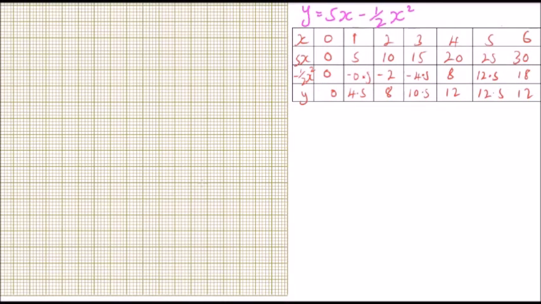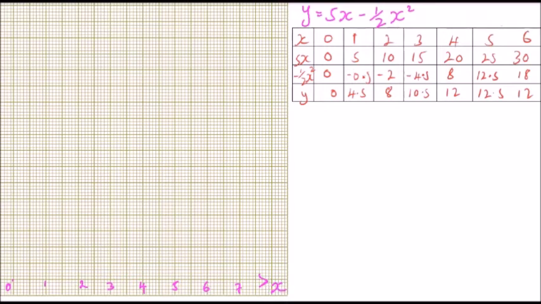So this is a grid that I'm going to use to plot my graph. I've already inserted my table, so I'll start from here, the origin. So we have 0, I can put our 0 there. Then we can say this is 1, this is 2, this is 3, 4, 5, 6 and 7. So that is my x-axis.